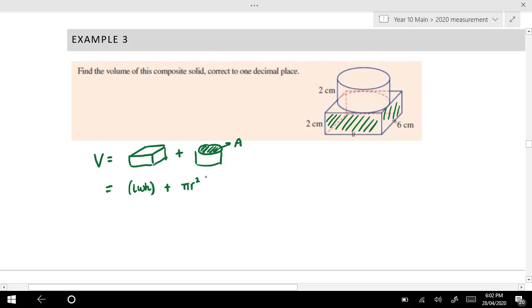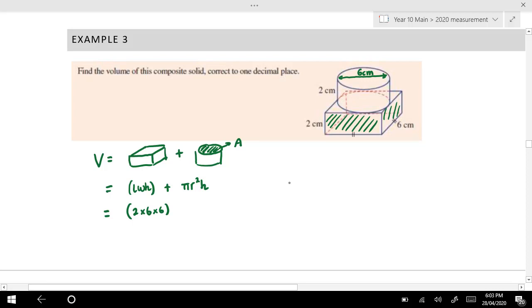Now, just remember it says that these side lengths are 6 centimetres, so that means the diameter there is 6 centimetres, and it says that the height there is 2. So we've got 2 times 6 for that front one, and also times 6.